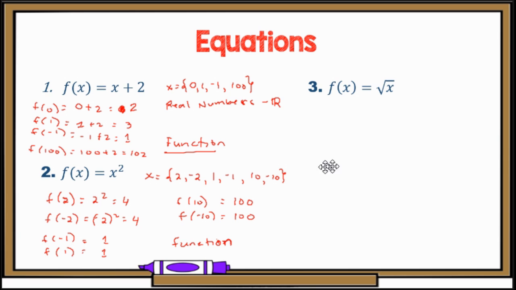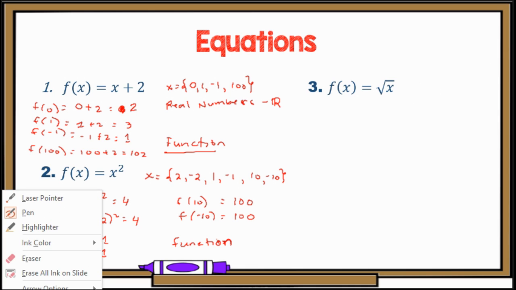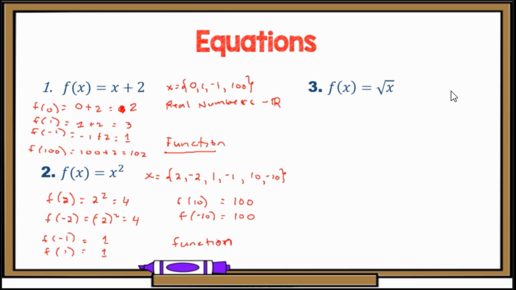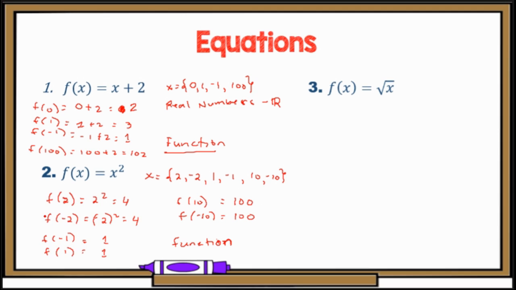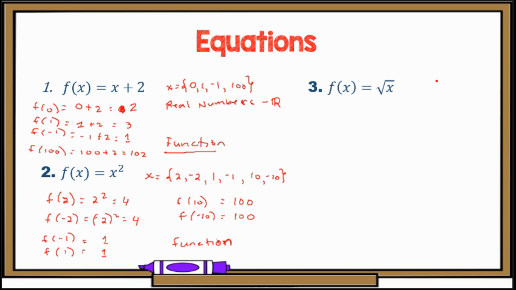Okay, if we extract the square root out of a certain number, for example, let's use 4 because it is a perfect square.